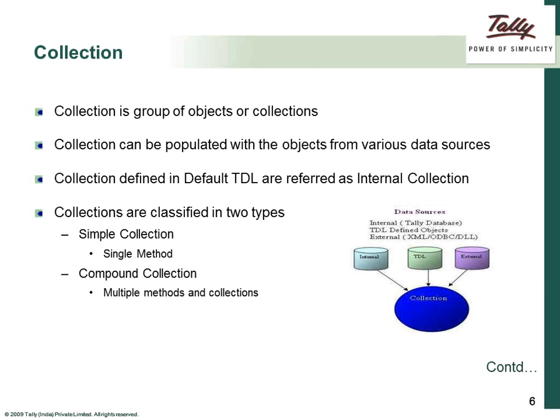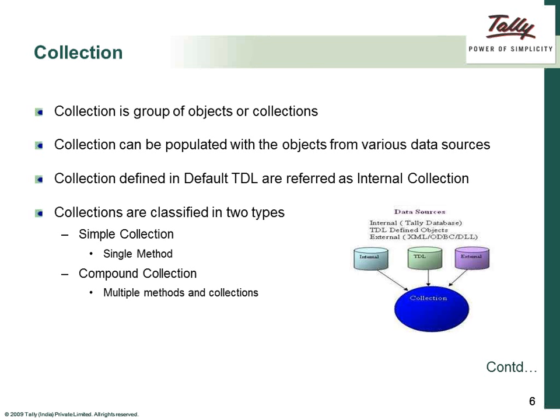So if I have to see this entire set of lakhs of ledgers together, what do I have to do? I will have to group them under one roof. So that's a group of collection. Now this group of collection can be a group of objects or collections or both. Did I confuse you further?